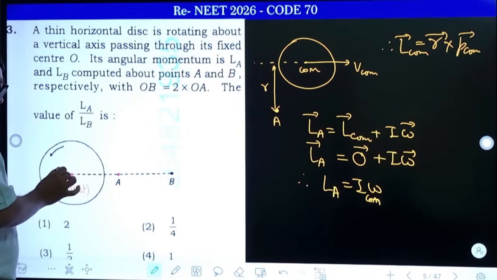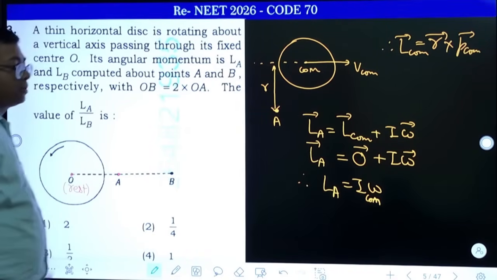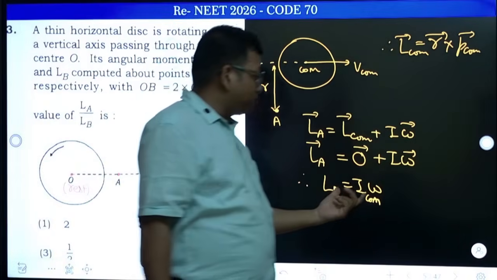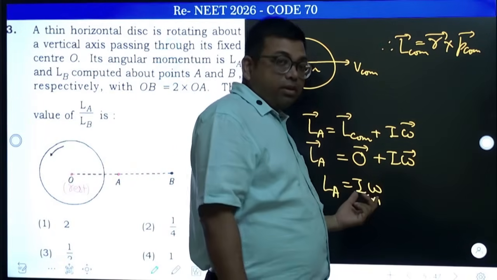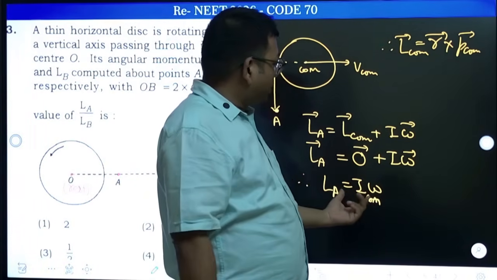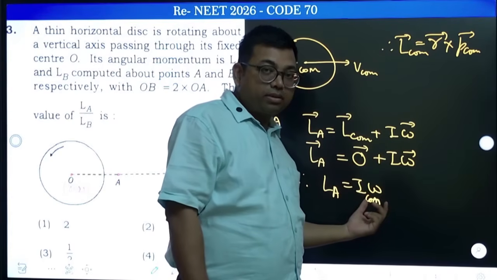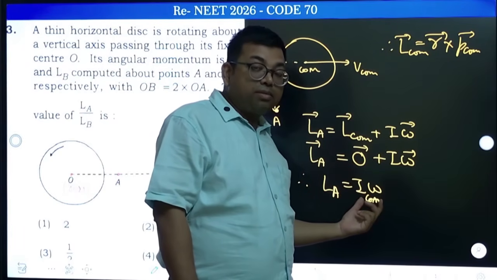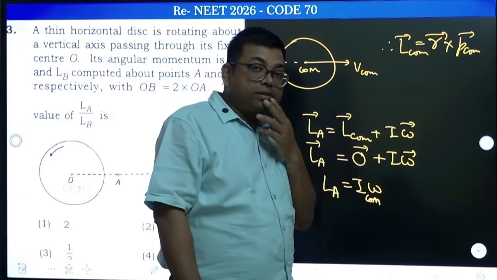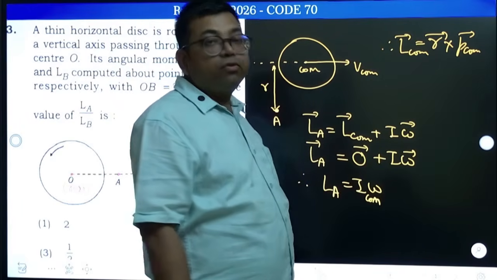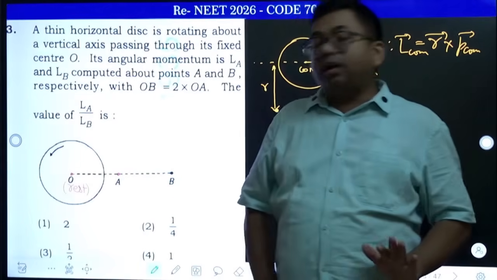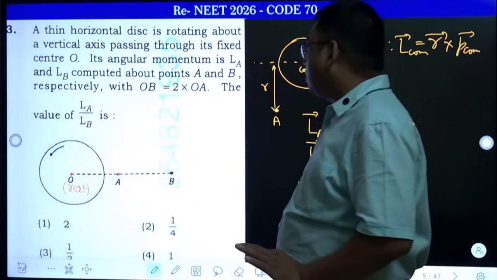You are calculating moment of inertia about the center itself, because in all these calculations we use angular momentum about center of mass. I think this can be confusing for many of the students, right.